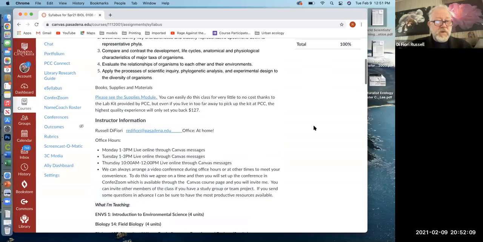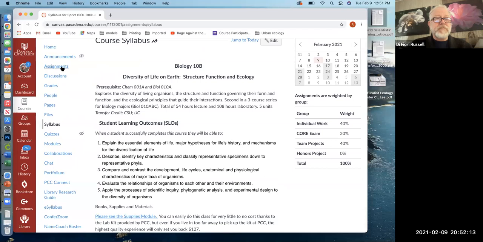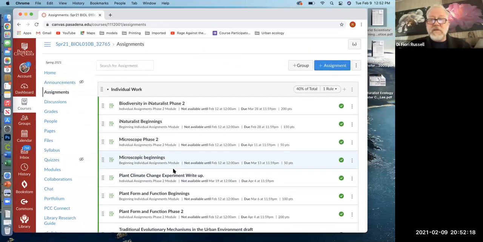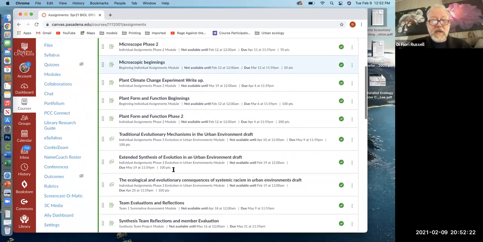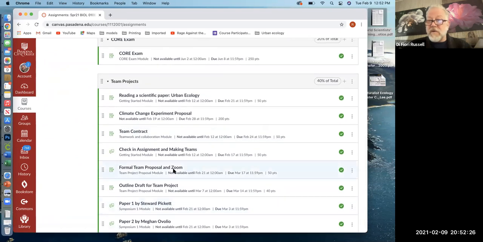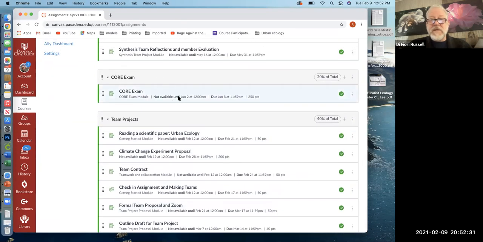Let me show you one more thing about the grading, and that's under assignments. The way your grade will be distributed is there's a category called individual work, which is 40% of your grade. And then there's teamwork, another 40% of your grade. And then the core exam is really like a summary essay. I'll give you some prompts, you'll write to that, which is also individual.